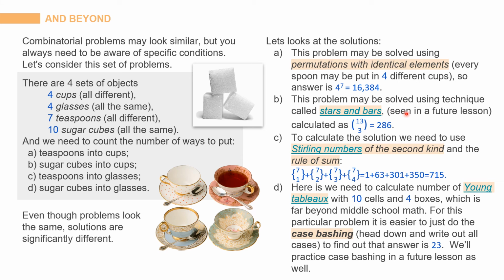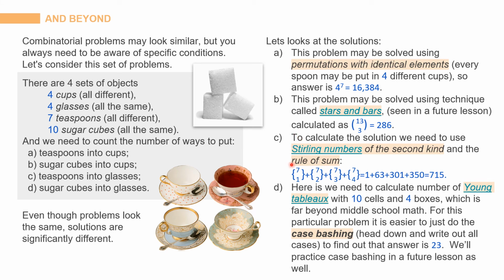We're going to see this in our next combinatorics lesson in a few weeks. And believe it or not, it's easily calculated as 13 choose 3, so a combination of 13 objects counted 3 at a time. And you'll learn in that lesson why this is the case. Choice C, how do we count the number of ways to put the teaspoons into glasses?